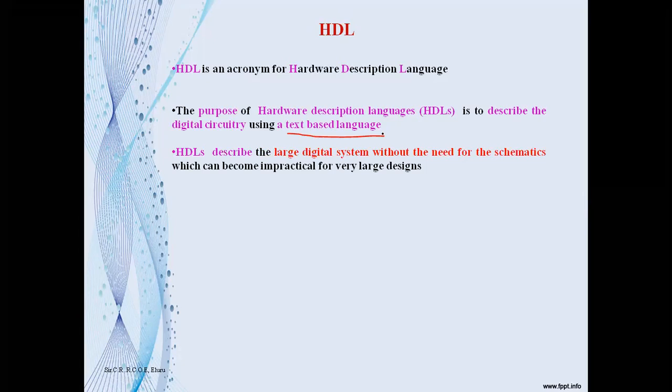They describe large digital systems without the need for schematics.